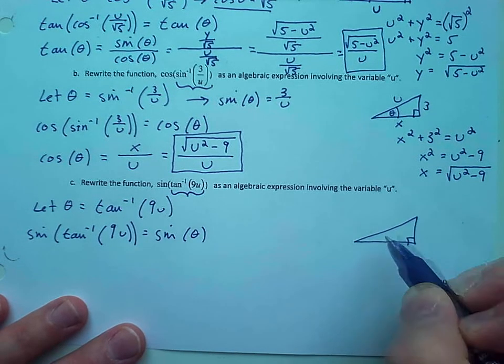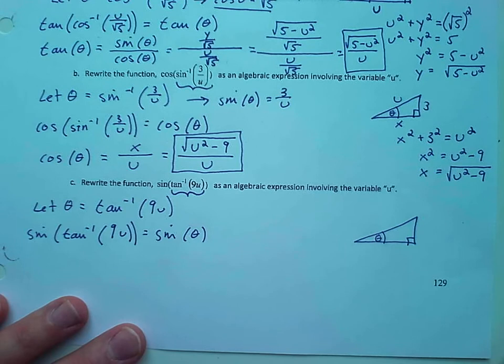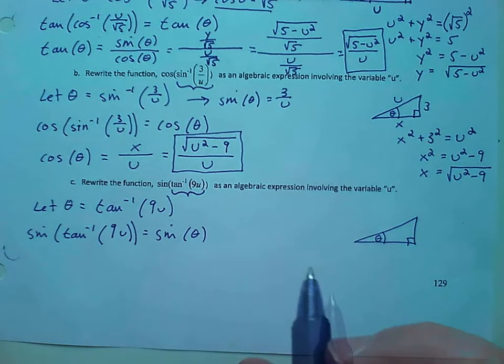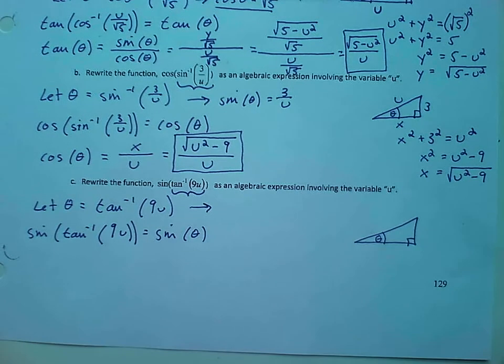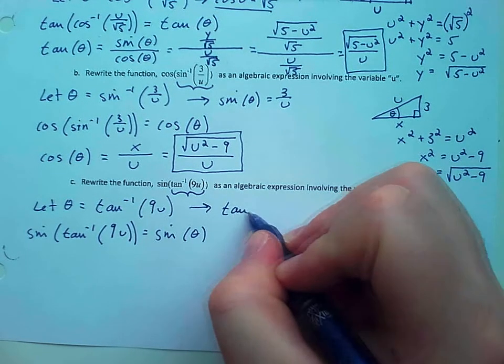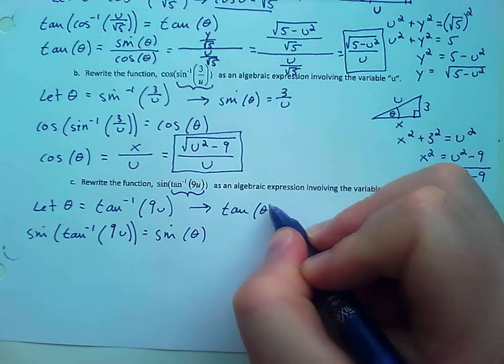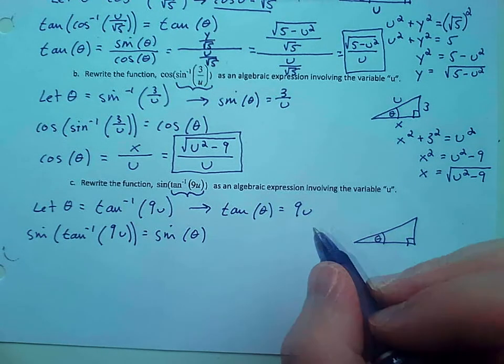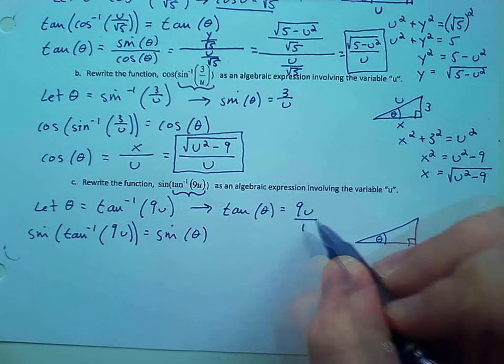Again, if we have our right triangle, we let this be equal to theta, then one thing that we know here is that we can rewrite this as the tangent of theta being equal to 9u. And remember that tangent is equal to the sine divided by the cosine, the sine being our y value and the cosine being our x value.